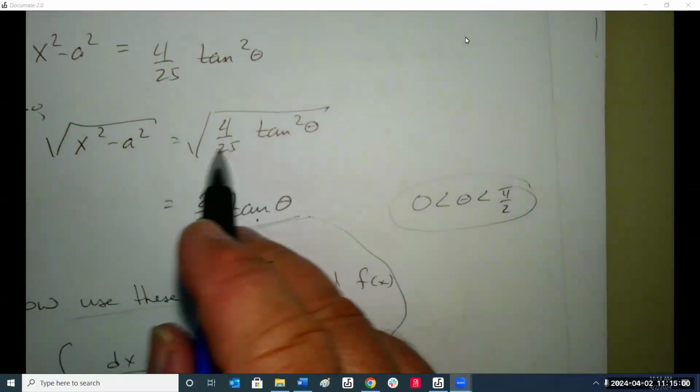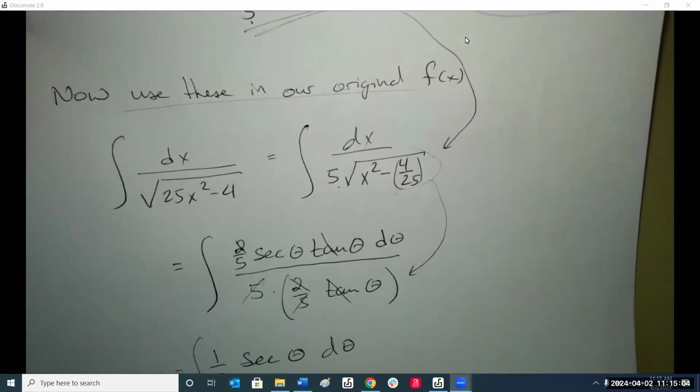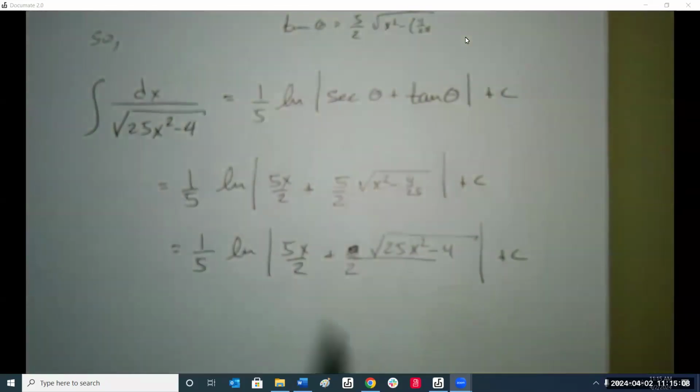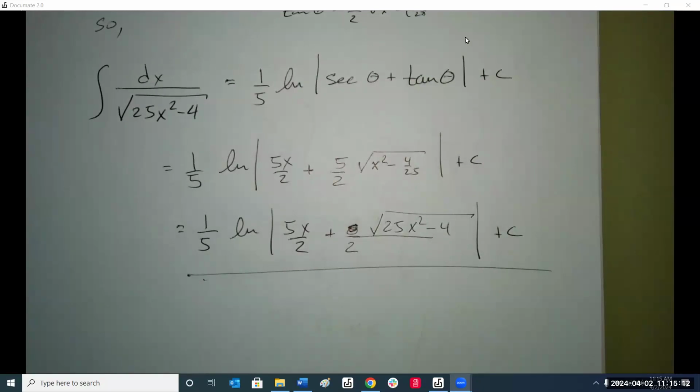This is what we did earlier. And when we factor out the 25, it was a coefficient. So that's our final answer. Oh, no, that does it for that section.